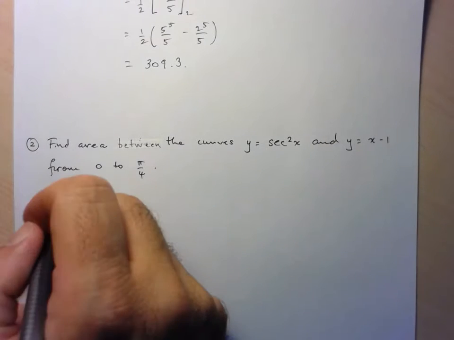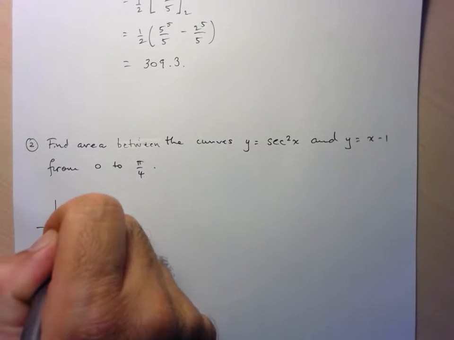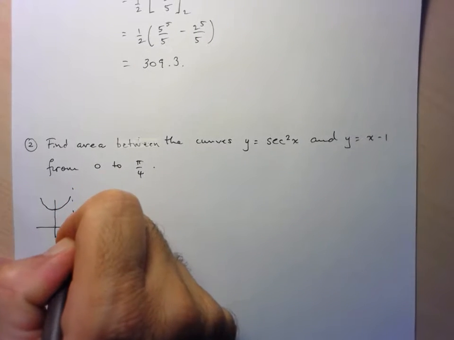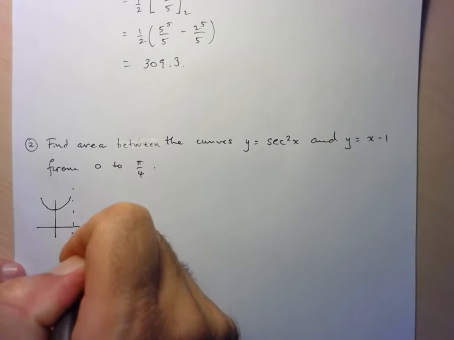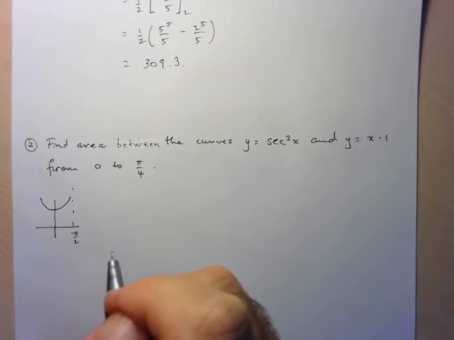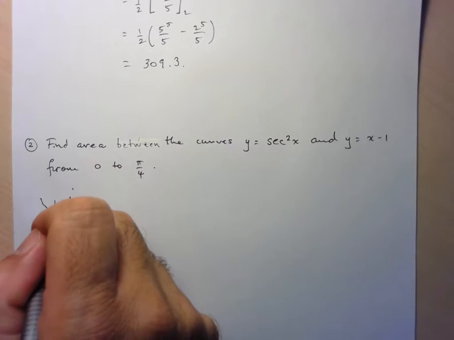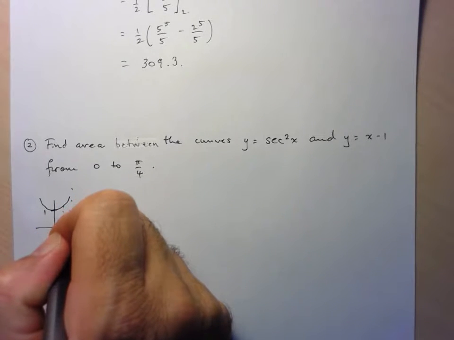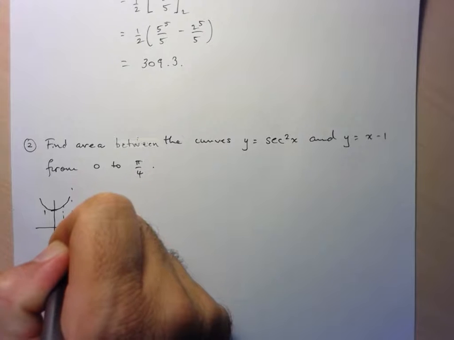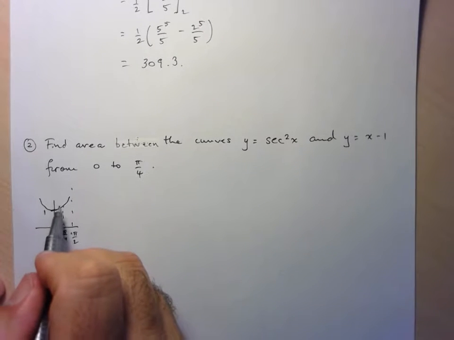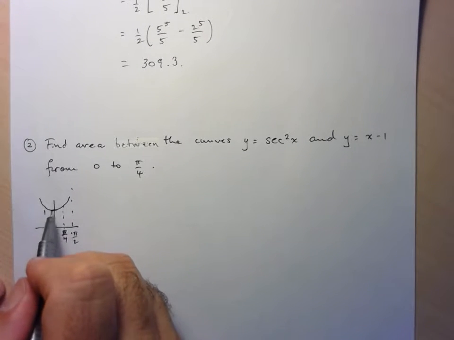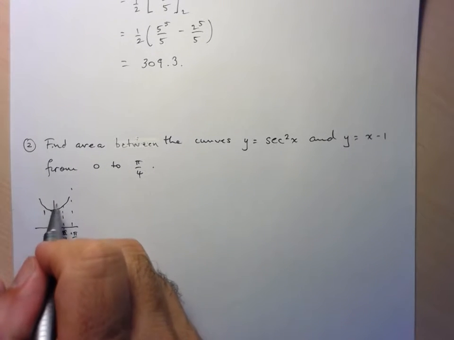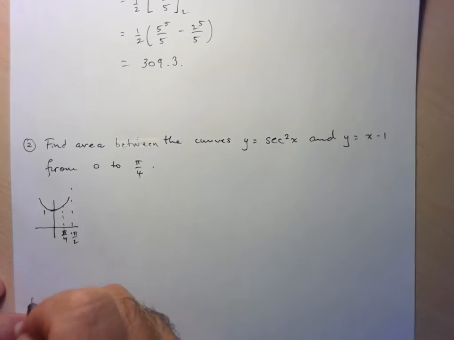But if we take a look at what secant x looks like, up to pi over 2, I know that since I'm only interested from 0 to pi over 4, secant x is positive there and greater than 1. So when I square it, it's just going to give me something that's again positive, and we're going up to pi over 4.